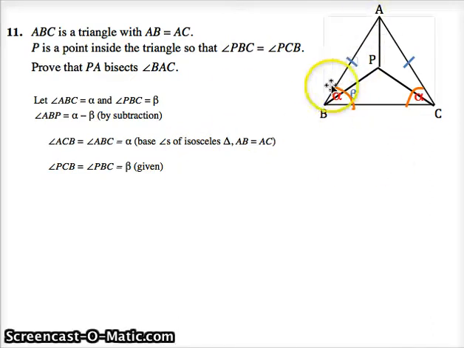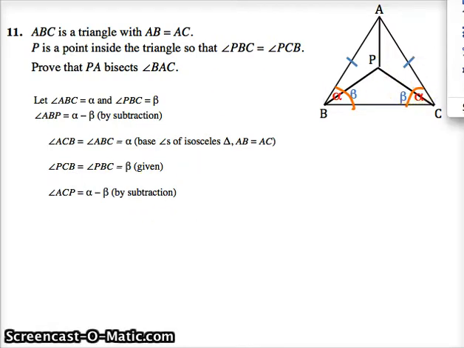Now, we know that angle ABP is alpha minus beta. We can now also show that angle ACP is also alpha minus beta. I've just brought that little beta in there to go with that piece of information. So angle ACP is also equal to alpha minus beta by subtraction.